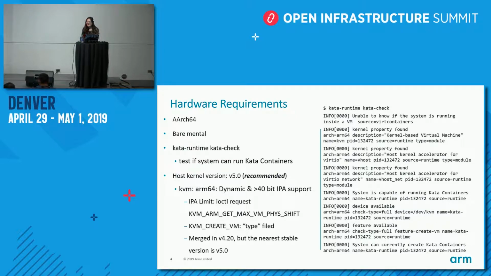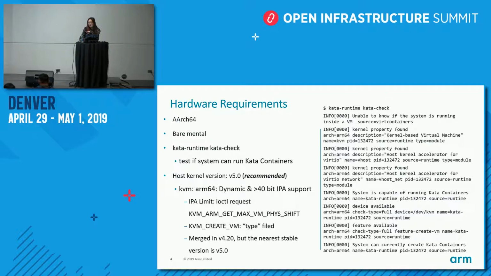I couldn't tell you which machine because that's forbidden. You can see from the first line, it says unable to know if the system is running inside a VM. So we have one limit for general 64-bit ARM machines. That's you can only run Kata Containers on bare metal machines. Nested virtualization isn't fully supported. We have been working on that, but it's a long way.